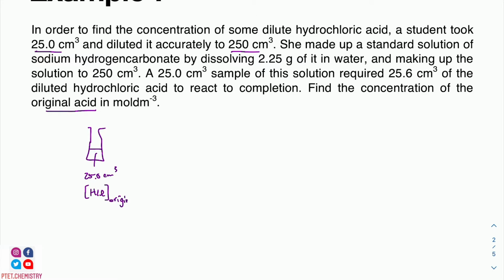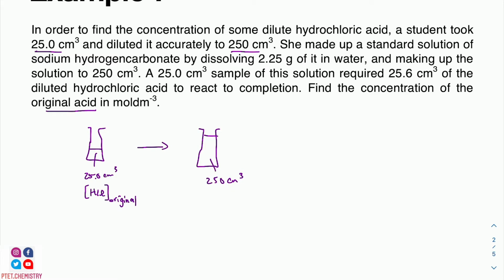If I use a square bracket of that substance, that indicates the concentration. You will learn this eventually when you cover the topic of Kc, which is to do with equilibrium concentration, but I'm telling you right now so that it makes more sense to you. All right, so you are going to dilute it to 250 cm³.